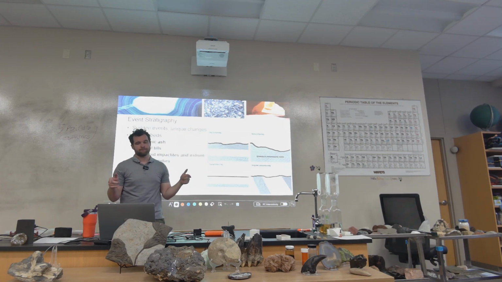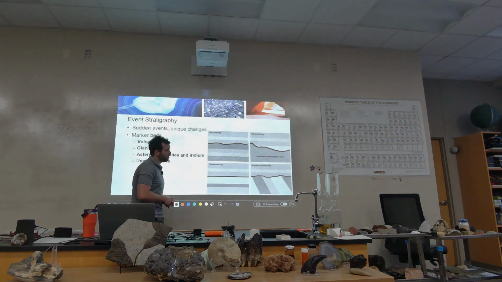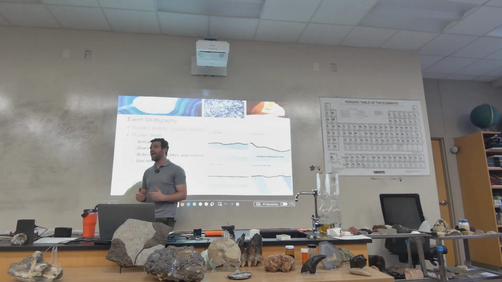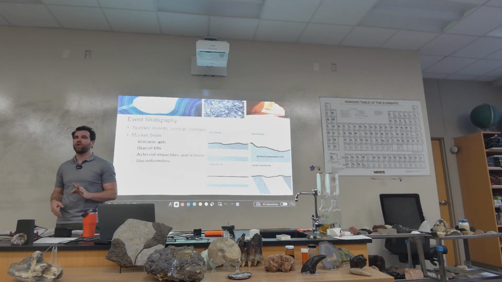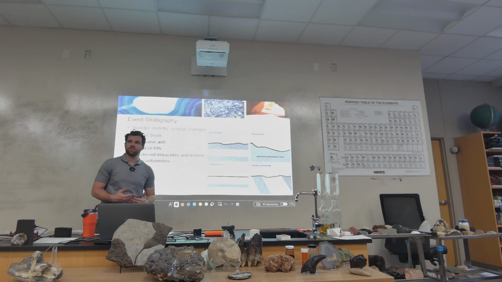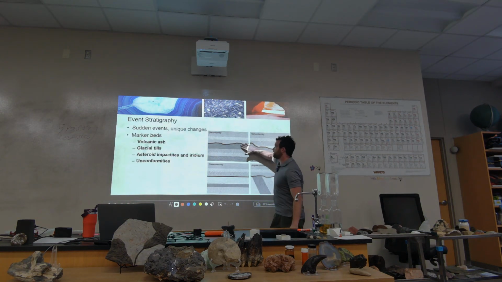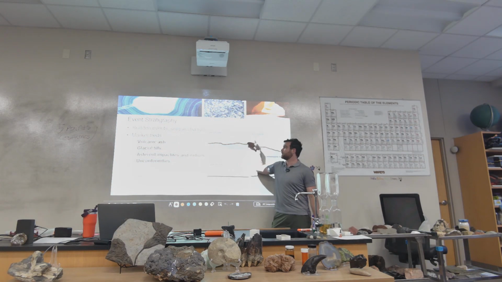Okay? Then there's unconformities, they're called. An unconformity is when some amount of rock has been weathered away and then other rock deposited on top of it. And it makes a really weird discontinuous sequence. Okay? This is a disconformity when I have layers of sedimentary rock that were deposited and then weathered.